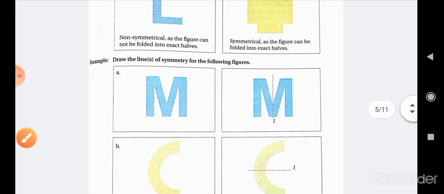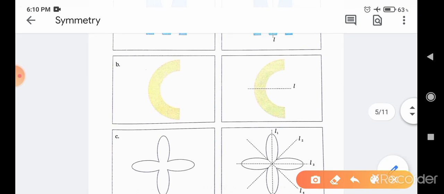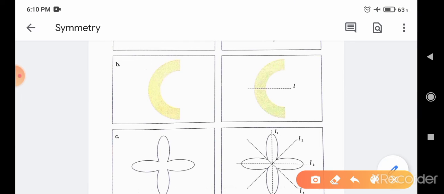Next is, draw the line of symmetry for the following figures. You are given a figure and we have to draw a line of symmetry, and this is the line of symmetry for the letter M. Next is this figure, and its line of symmetry is this, because if we fold this figure from here, its left and right portions are the same, they will exactly overlap each other.